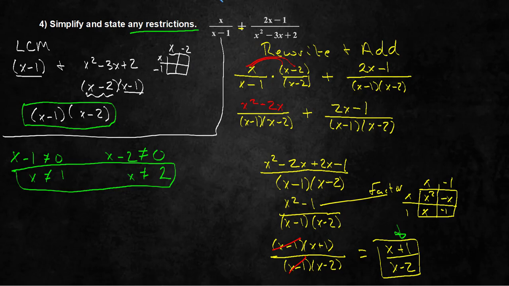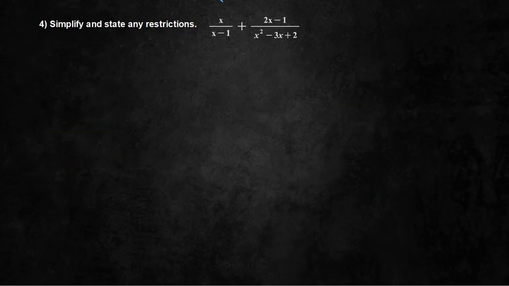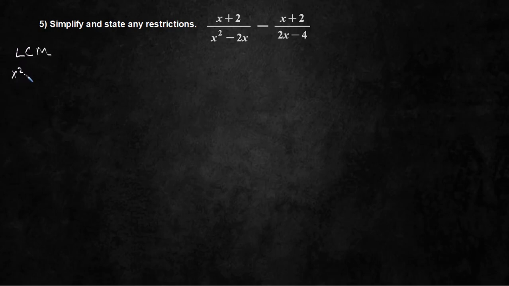We're going to do one more where we subtract. Same idea. Step 1 is find your LCM. And this time we have x squared minus 2x and 2x minus 4. And so the common factor is an x on that first one. x minus 2 will be left behind.